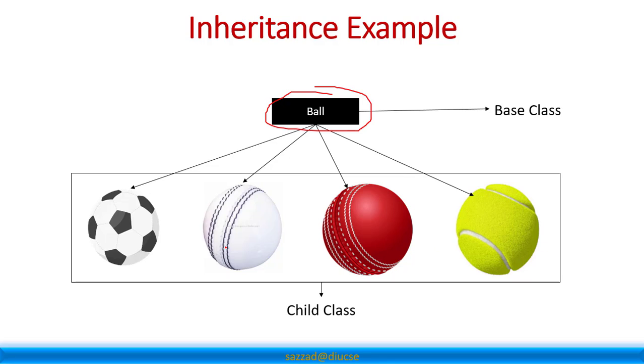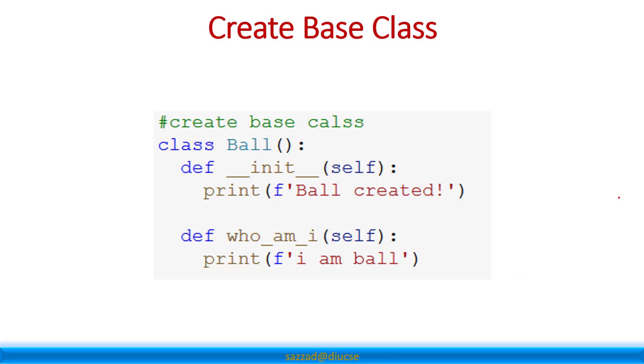All are balls and they derive from the base class, which is ball. That's why they are called child classes. When we say ball is round in shape, then automatically all the child classes, including football, also become round in shape. So how do we use this concept in Python? Let us see with an example. Let us go to the Colab and practice by ourselves.